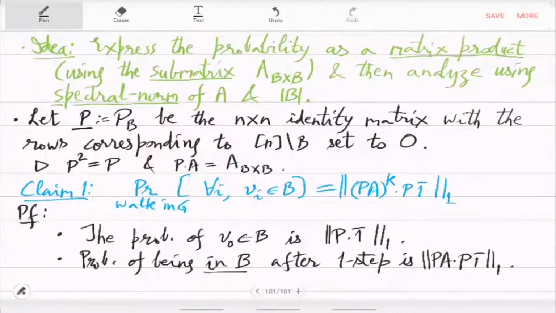So P square is P, and when you multiply P with A, you get the part of adjacency matrix A of interest, and that is what you multiply when you take a single step. Then generalize this to k. That's the full proof of claim 1. After k steps you get this expression PA k times P1 bar, the vector's one norm.